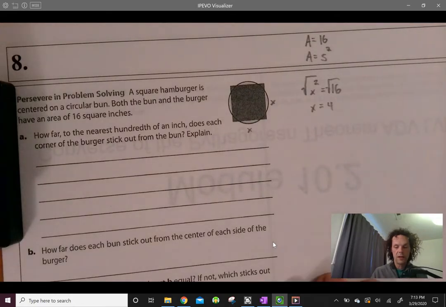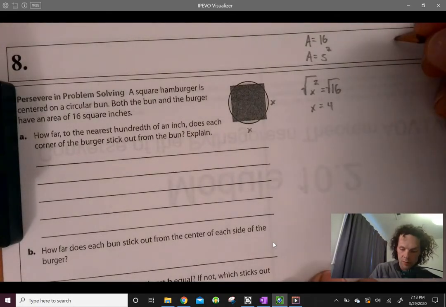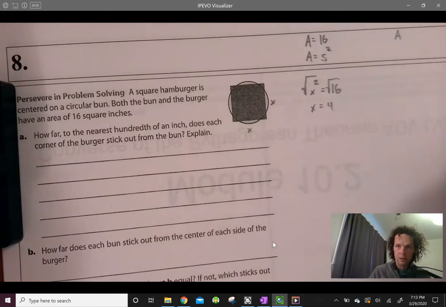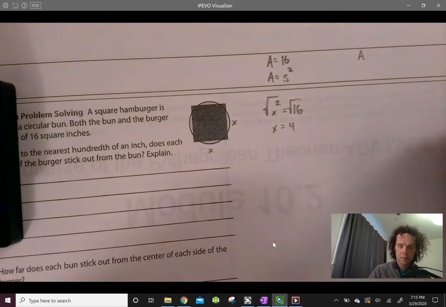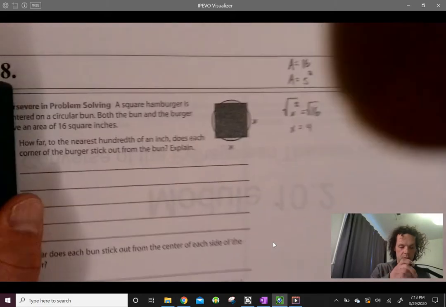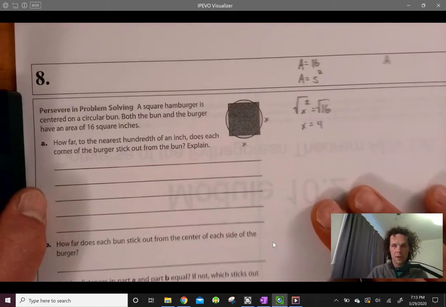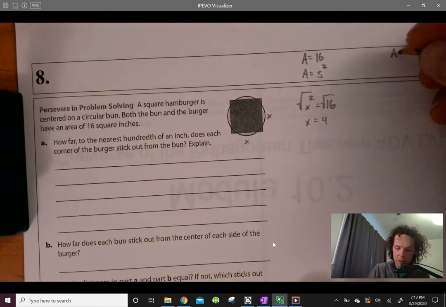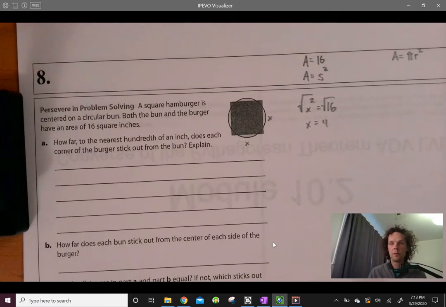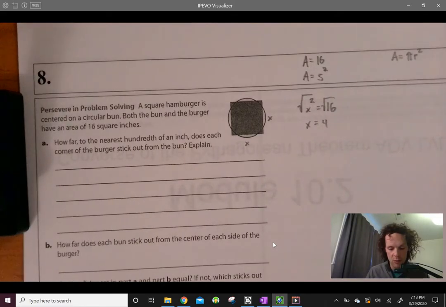Okay, and then to find the area of a circle, area of a circle equals pi times the radius squared. Okay, pi times the radius squared.